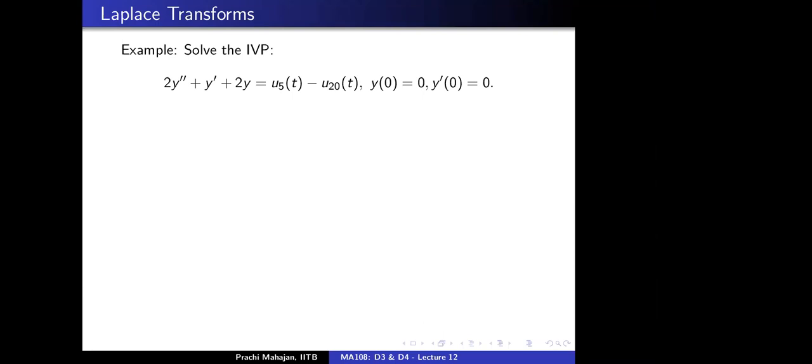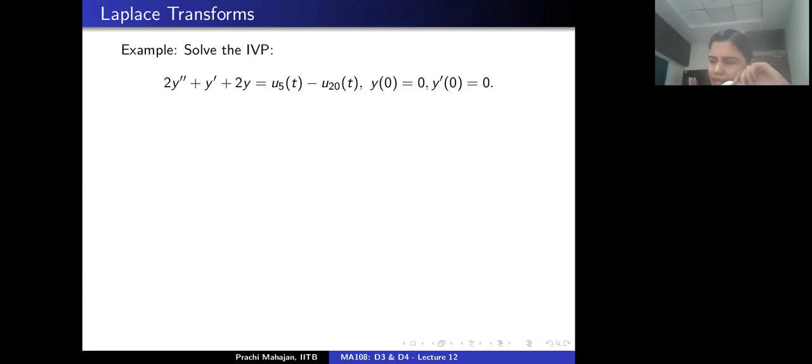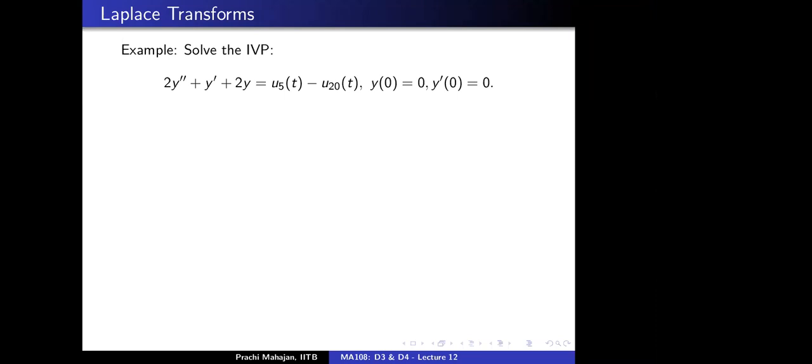And if we are in the interval t bigger than 20, the open interval 20 to infinity, then this differential equation is much the same. Then we are again looking at the differential equation 2y double prime plus y prime plus 2y equal to 0. Correct? Is that okay?